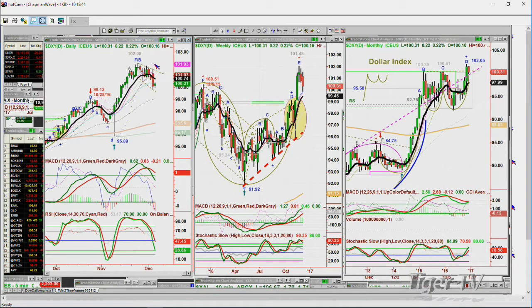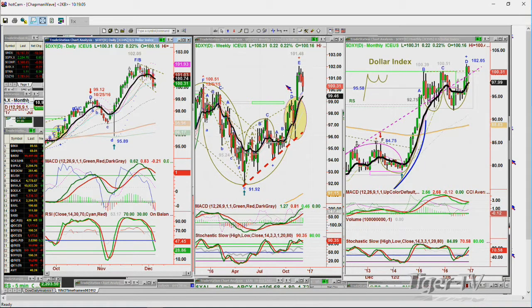But if in the next 3 days, the dollar goes above 101.54, not only will that be really positive action, that will suggest that there's a high-level consolidation, and it'll define quite clearly that somewhere in the 102.5 to 103.25 area will be the resistance.